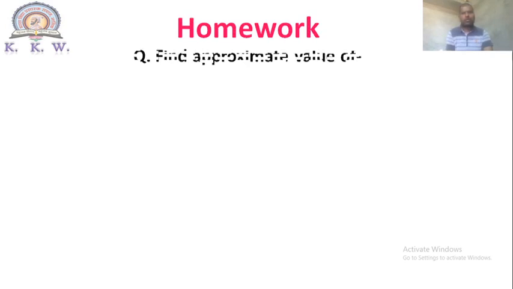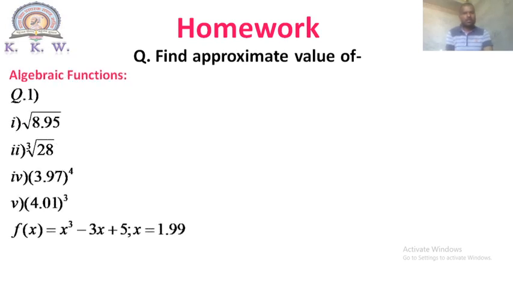Now, students, do some homework with reference to the previous examples. Find approximate value of square root of 8.95, cube root of 28, 3.97 raised to 4, 4.01 cube.